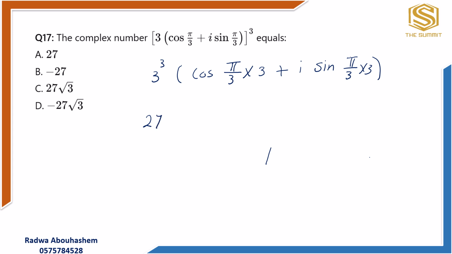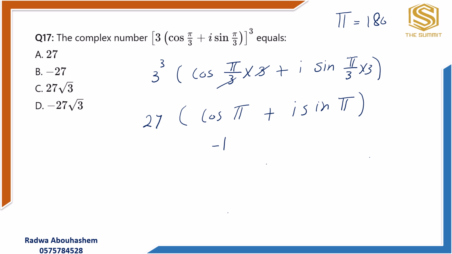This would be 27 times cosine pi plus i sine pi. Now, pi is 180. So cosine pi is negative 1, and sine pi is 0. So 27 multiplied by negative 1 gives me negative 27.